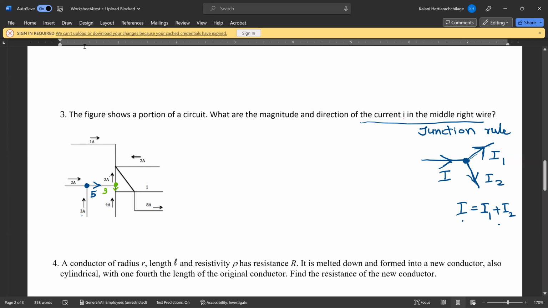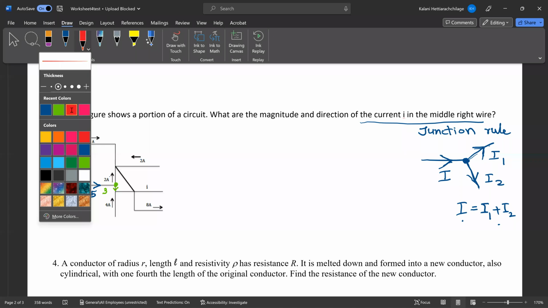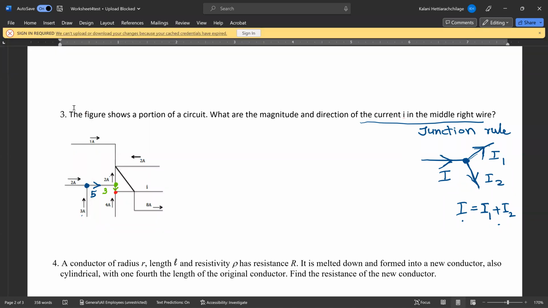Okay. So now, after you understand that, you can move into the top junction or the bottom junction. I'm going to move into this junction. When I watch this junction, I have 3 incoming, and 4 also incoming to the junction. Now I know that there should be something out. Out will be 4 plus 3, right?